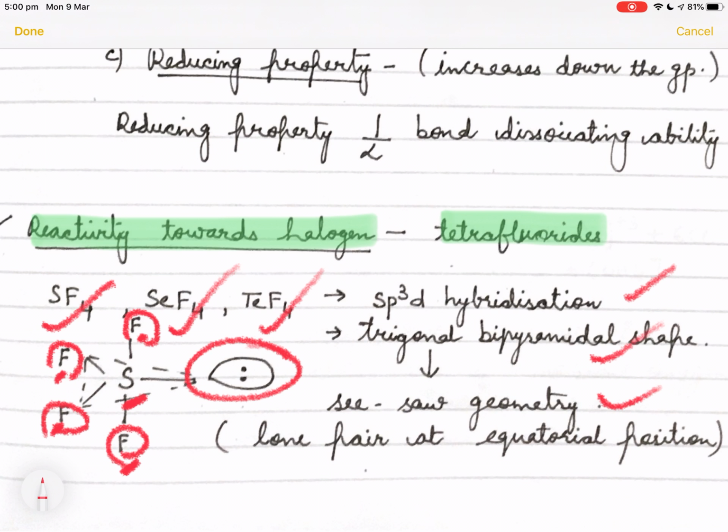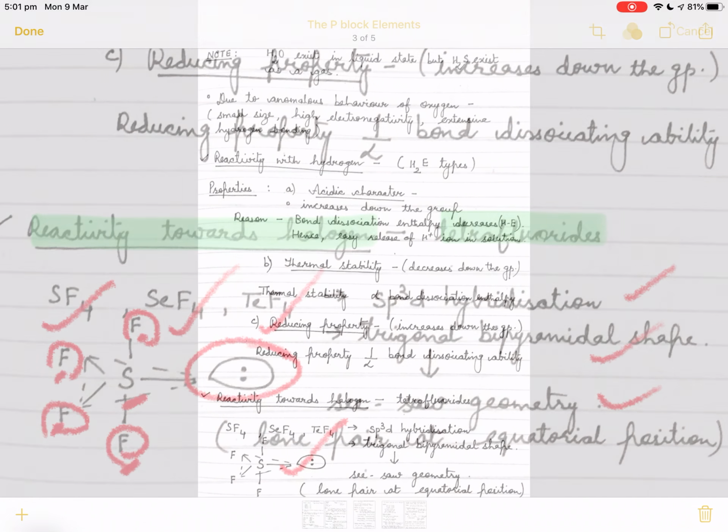In this particular structure, since we lack one fluorine atom, because trigonal bipyramidal shape stands for 5 orbitals, how 5? 3 plus 1 is 4, plus 1 is 5. But we have only 4 coordinating atoms. So the left-over position is taken by a lone pair of electrons. Therefore, its geometry is not the same as the shape. It flips to seesaw. Understood? So that's a very, very important point to understand and equally important for the board exam.